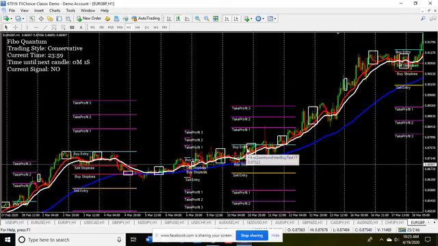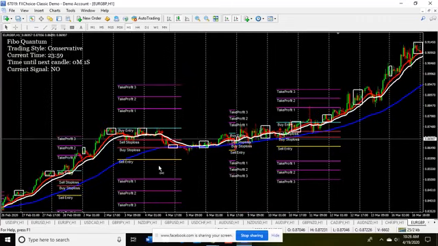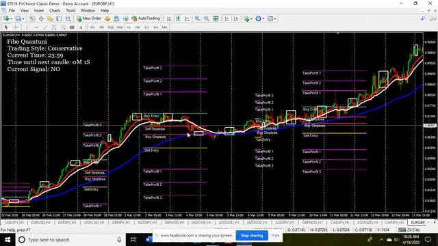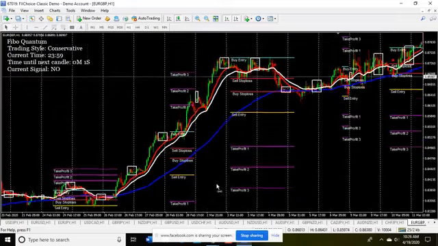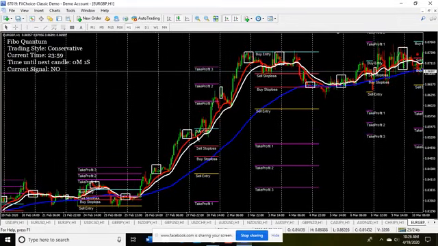However, right here, we would not have taken that trade either, probably. Yeah, because the 2 faster moving averages never cross down below, right? However, right here, we would have taken the trade.